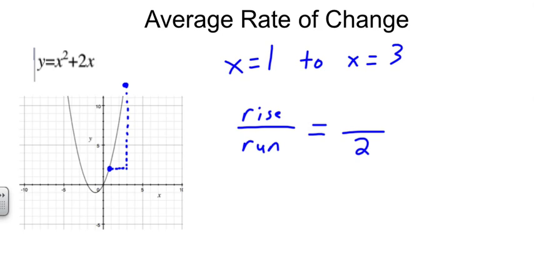And the rise, I can't tell what it is on my graph, partially because I didn't make it tall enough there, and I didn't do a great job of that. But you can use the equation to find this out. It looks like it's 2 at 1, but I can plug that in to find out for sure.